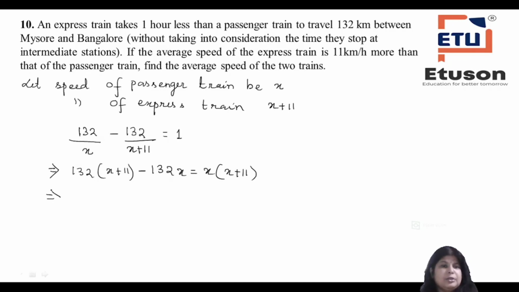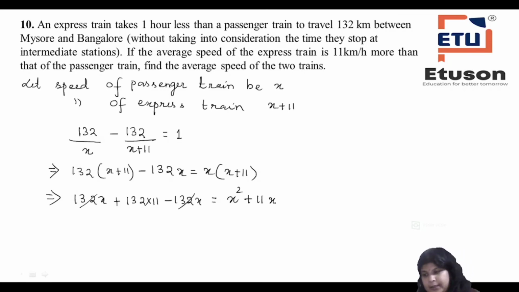Correct or not? So you will get 132x plus 132 into 11 minus 132x. So this 132x and 132x is going to be cancelled as plus and minus sign. So x square plus 11x. Correct or not? So after simplifying, you will get x square plus 11x minus 1452 is equal to 0.